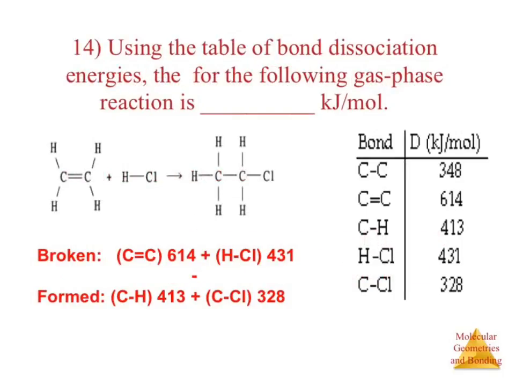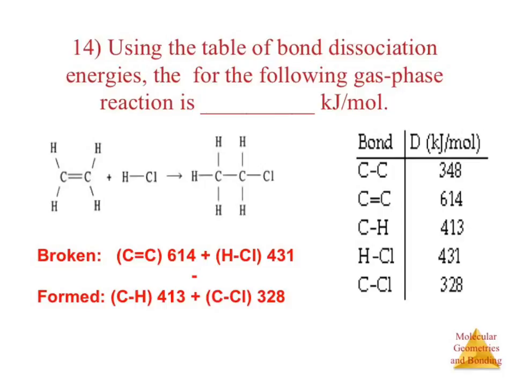Using the table of bond dissociation energies, I need to apologize here because I screwed up the calculation when I did it this morning. Bonds broken: you broke the carbon-carbon double bond, which came in at 614 kilojoules. You broke the hydrogen-chlorine bond, which came in at 431.